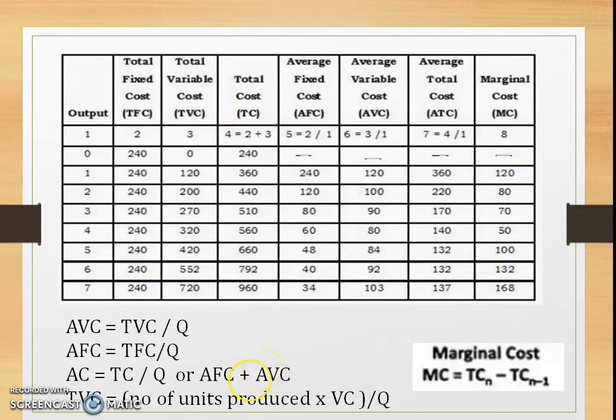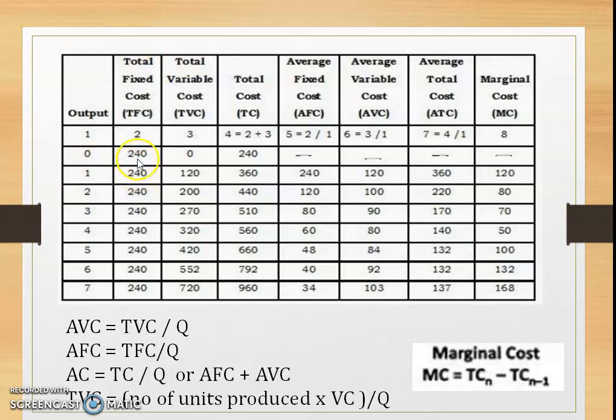I'm just taking you to a table where I make you understand what is TFC, what is TVC, what is TC, what is AFC, AVC, ATC and MC. As far as this table is concerned, I have considered some outputs from 0 to 7, and the total fixed cost remains unchanged as being short run cost function.